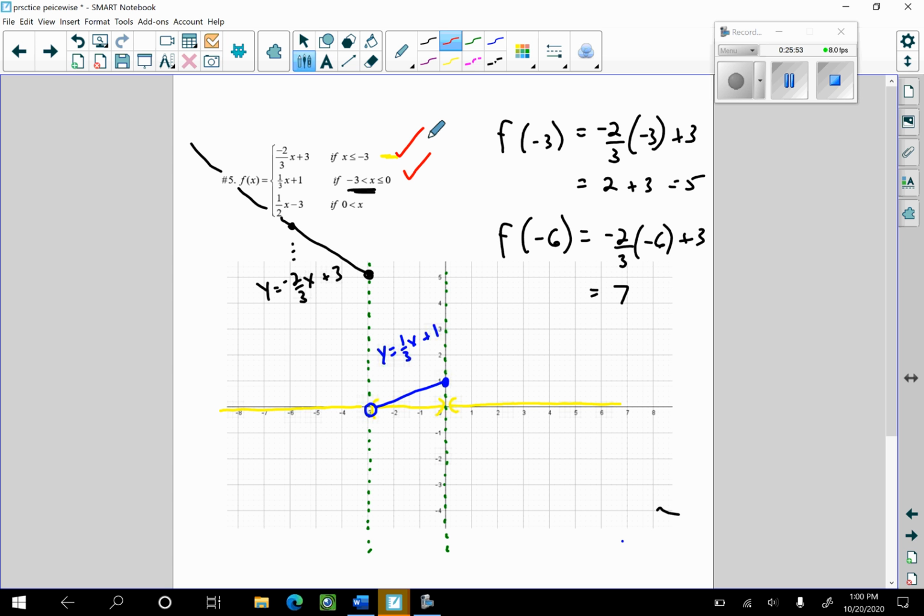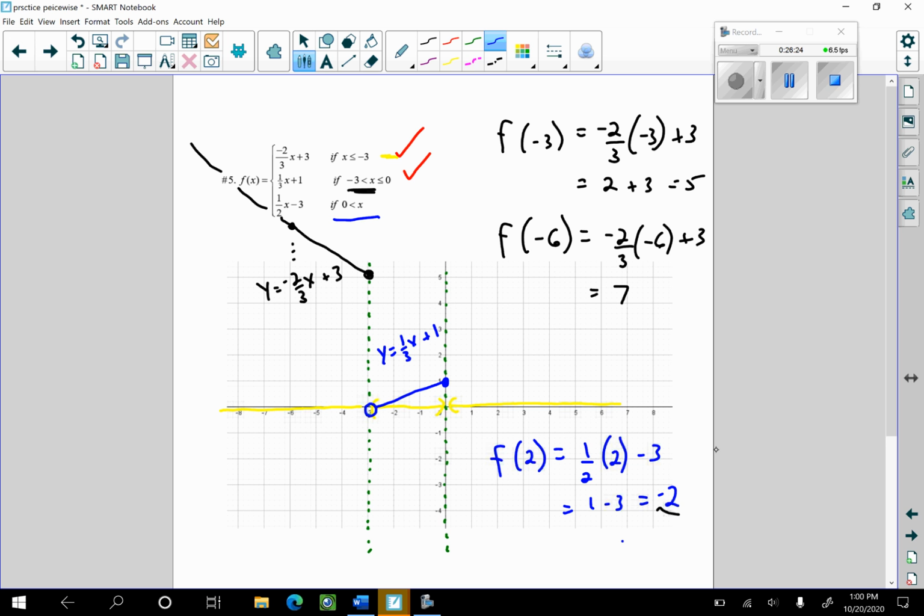All right, and the bottom piece again has a positive slope. Let's find a couple points. Let's get crazy and find f of 2. Where's 2 at? 2 is right here. I'm going to put 2 into that bottom piece. It's going to be 1/2 times 2 minus 3. Oh. That's going to be 1 minus 3 is negative 2.